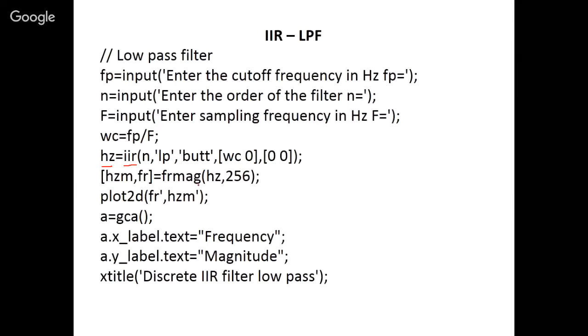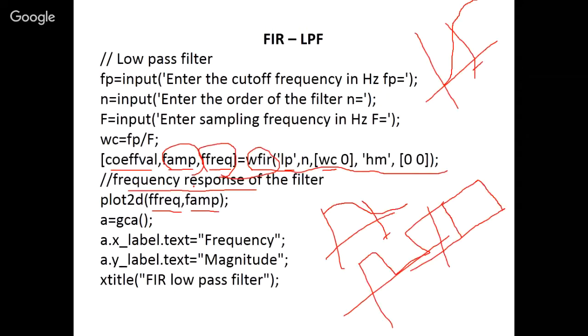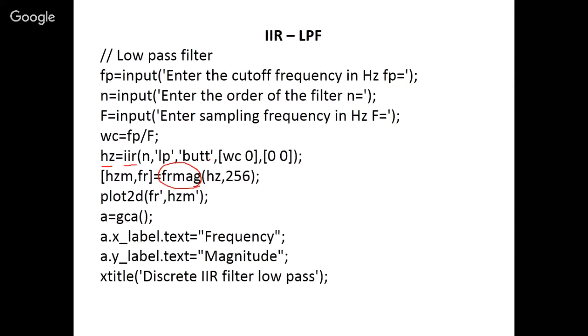For that, the command is FRMAG. There are different ways of writing it. Either we can write it like this, coefficient, comma FM, comma FREQ, or you can give the command output in one variable, that is HZ. And from the HZ, with 256 frequency values, we will get 256 frequency values, and here we will get the magnitude.